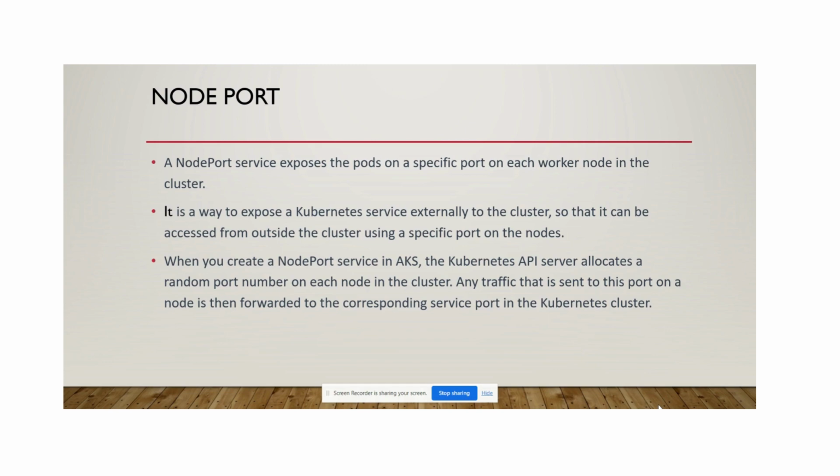Any traffic that is sent to that port on a node will be forwarded to the corresponding service port in the cluster. Basically it works on the port part, and also the range of the ports is limited. Because of that, we actually don't use NodePort service that much in the production cluster.